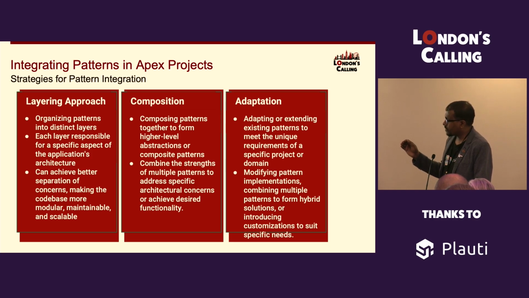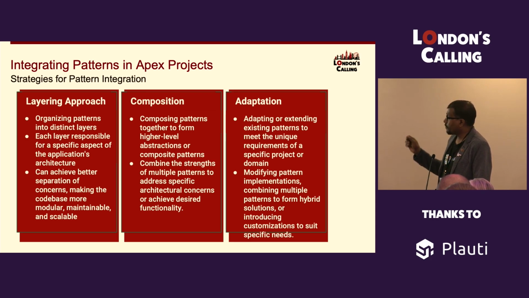In composition patterns, patterns are brought together to form high-level abstracts. By using these composite patterns, we can combine the strength of multiple patterns to address a specific architectural concern.